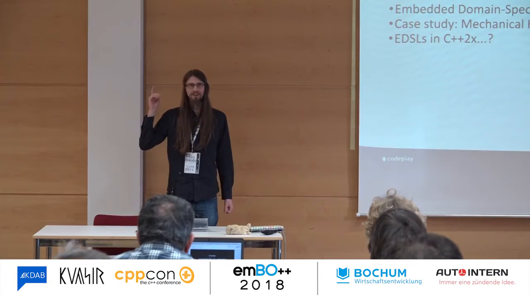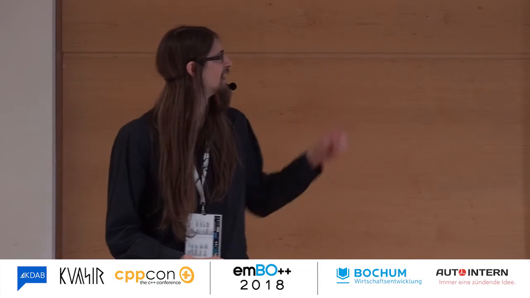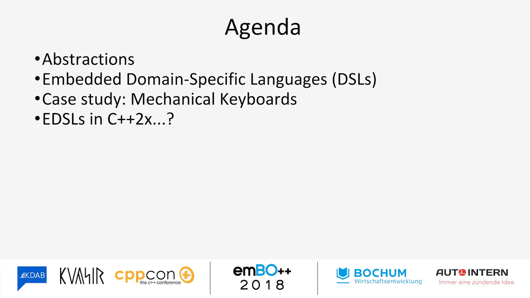I then have a case study for mechanical keyboards. Can I get a raise of hands? How many people use a mechanical keyboard? About maybe 25% of the room or something. That's pretty cool. And then I'll talk about how the future of C++ might go to support some more of these idioms in C++20, 23, 26, and so forth.